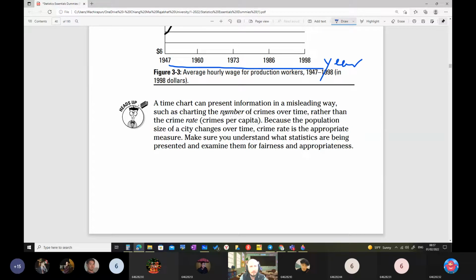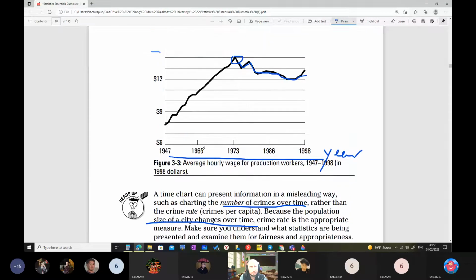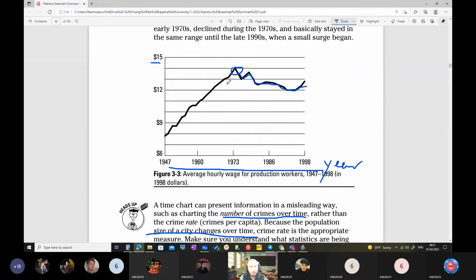So we see it over time. Population can change. Maybe we have more workers now, right?